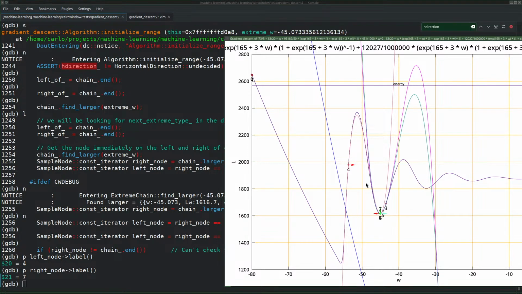And we're going to look for a maximum, therefore we cannot use 4 as the left off position. If we would use this one as right off, then we would find that maximum. So because of this shape, we must use 7 as the right off. This point is right off 7.